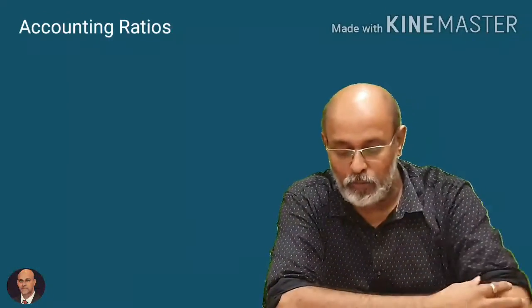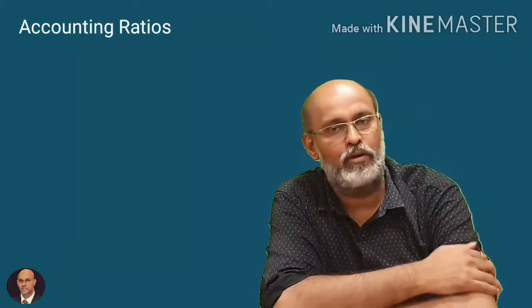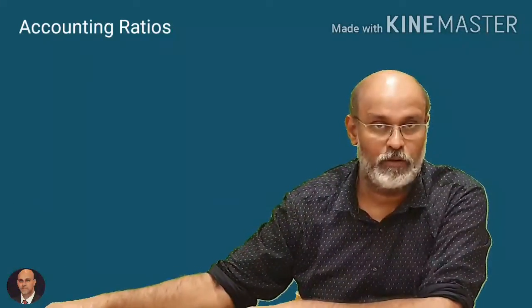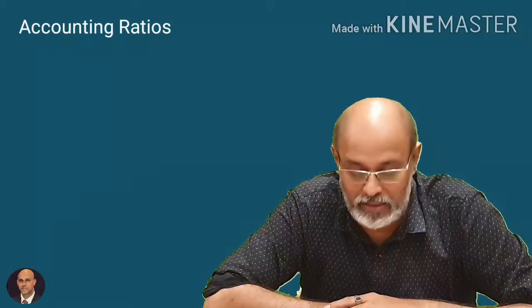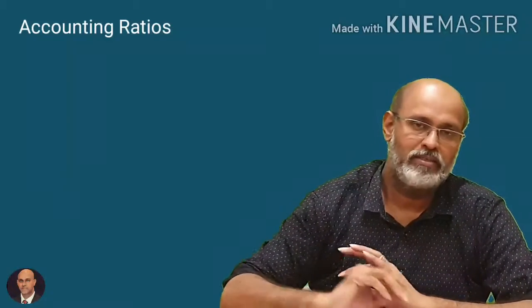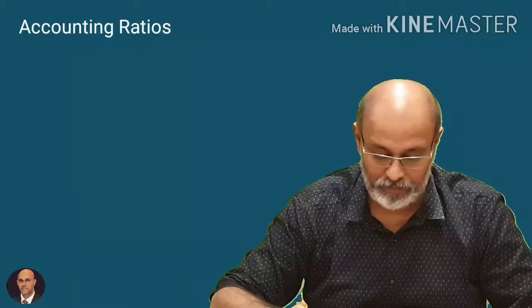From this, I need to minus 25,000 of inventories and 5,000 of prepaid expenses because that is not to be included in your quick ratio or liquid ratio. So from my total of 80,000 of current assets, I am going to minus 25,000 first, then minus 5,000. That will give me my liquid assets. My liquid assets will be 50,000 and my current liabilities is also 50,000, the ratio of which is 1:1.